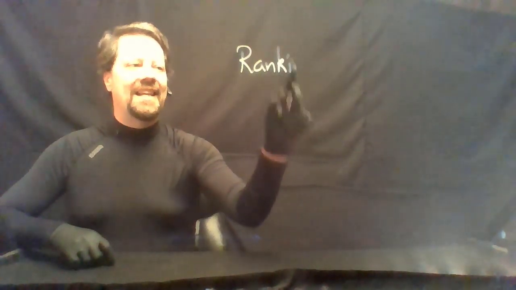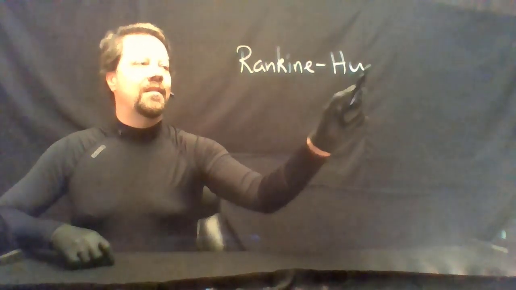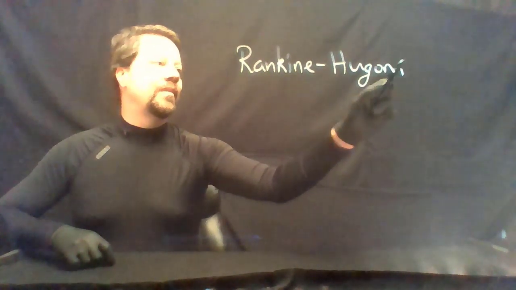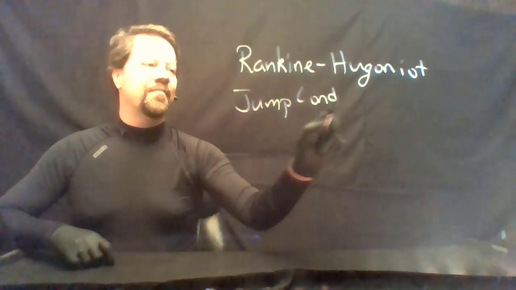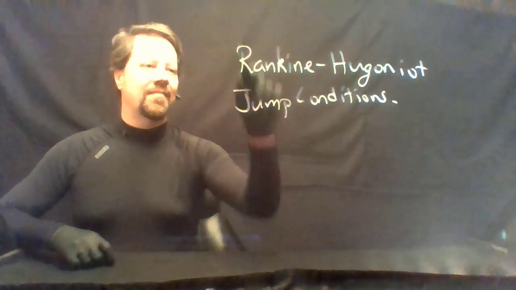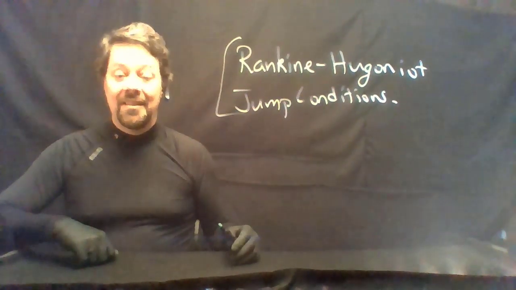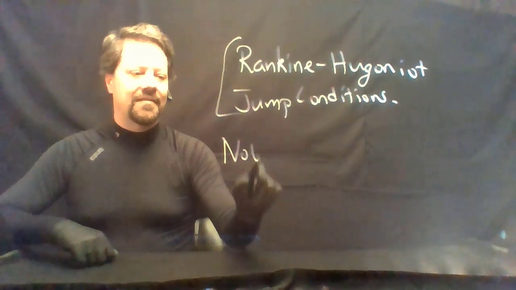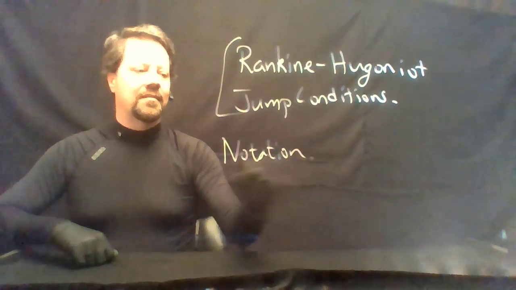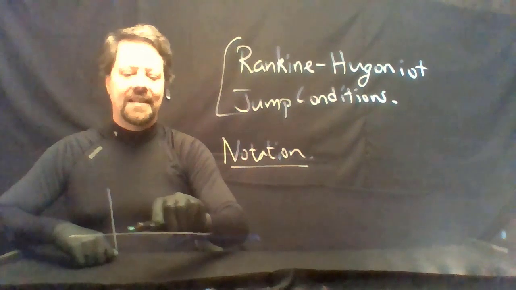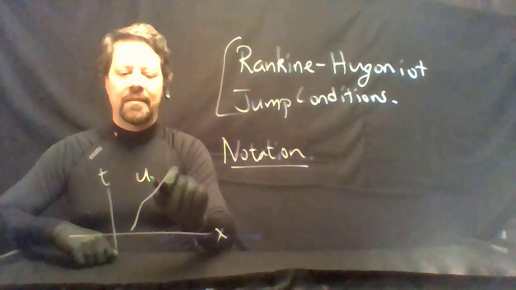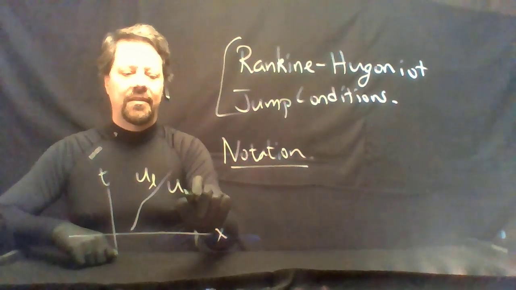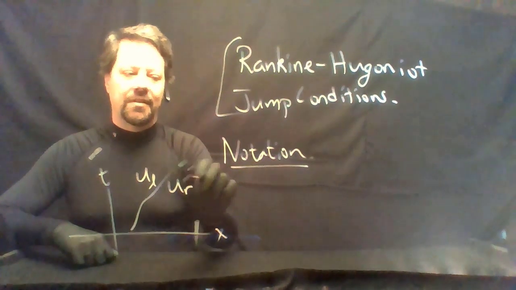I intend to derive the Rankine-Hugoniot jump conditions. First, some notation. Suppose that you have an isolated shock in the state variable u, left, u right, across some curve.